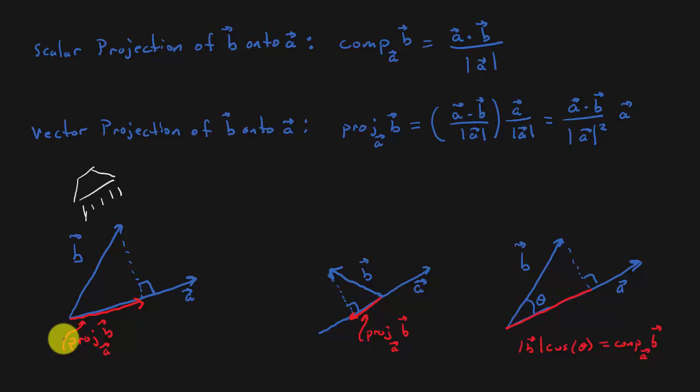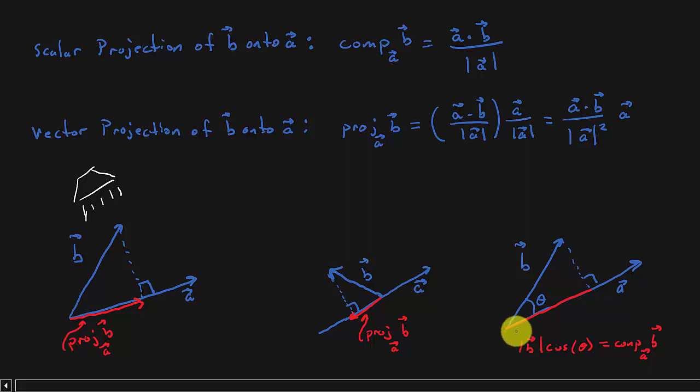So that's the magnitude of the vector projection. This one and this one are examples of vector projection. And this one is an example of the scalar projection. So we've got a vector here, and this is just the length here. All right, the magnitude.